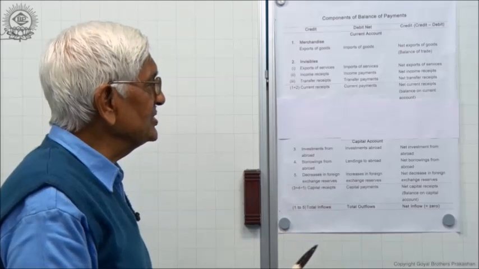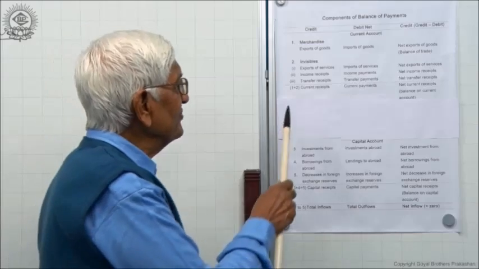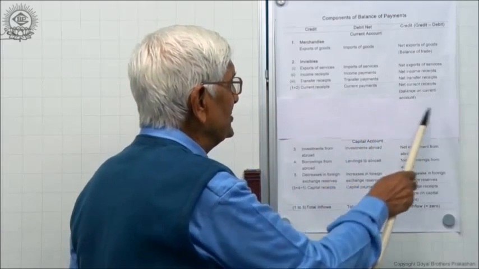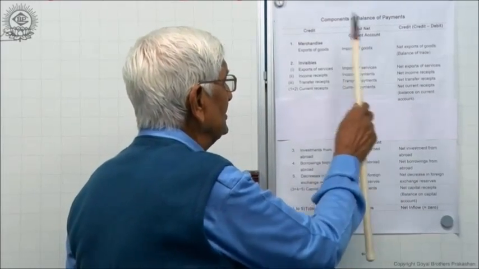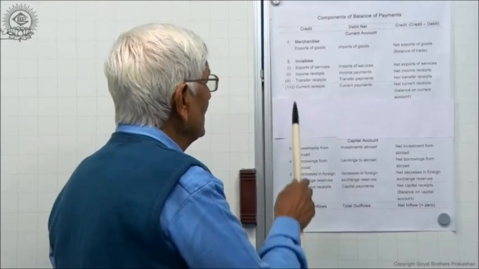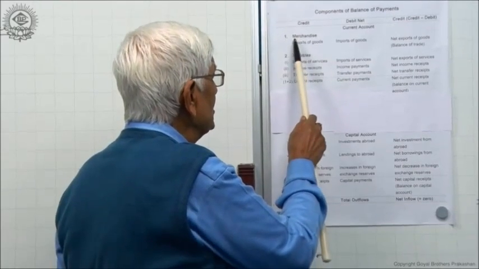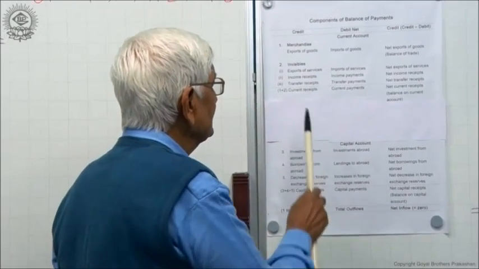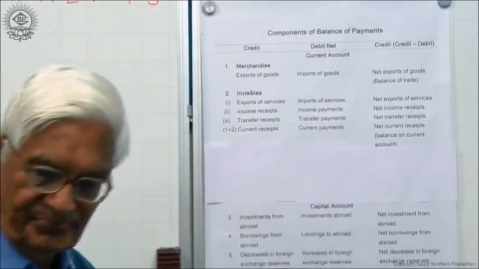Keeping this broad structure in mind, let us see what are the broad components of current account. The broad components are two: merchandise and invisibles.